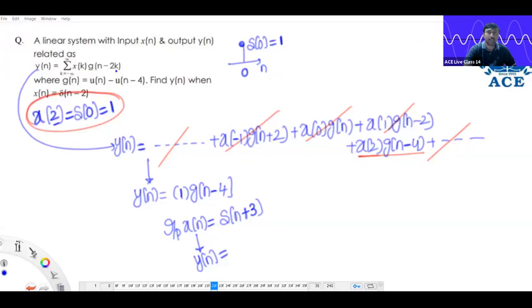The valid k is now minus 3. If you take impulse at 2, k equals 2 is substituted. If you take impulse at minus 3, k equals minus 3. Wherever the sample occurs, that is the valid k, sir.